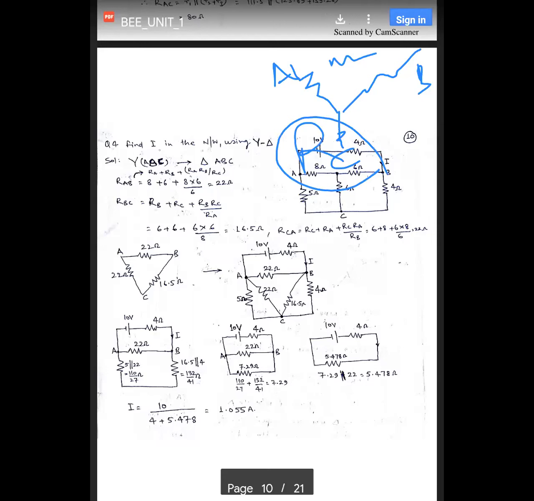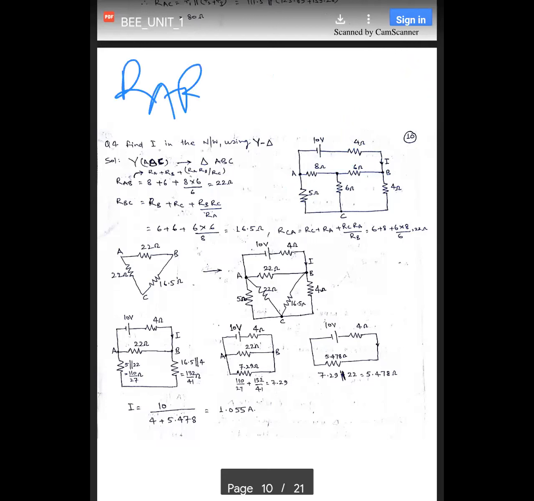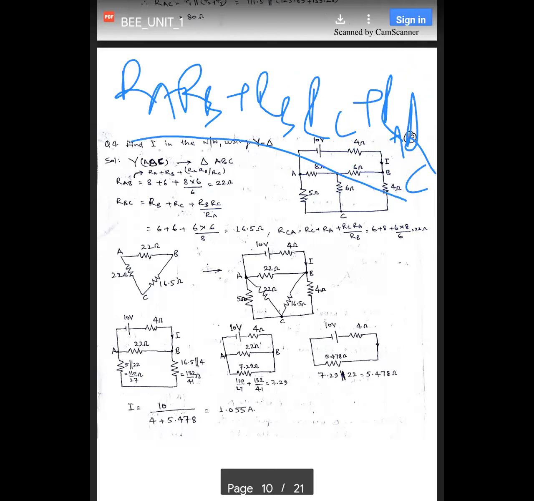The numerator is always clear: it will remain RARB plus RBRC plus RARC. The question is just what we have to divide by.